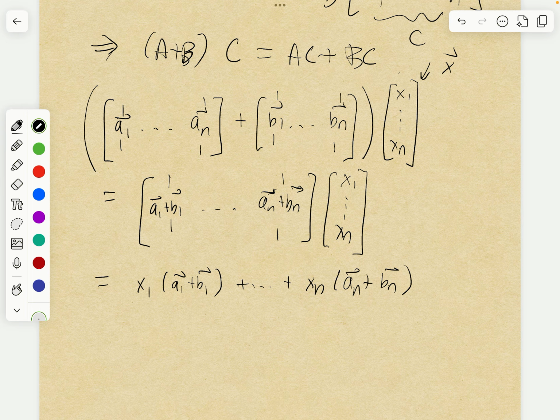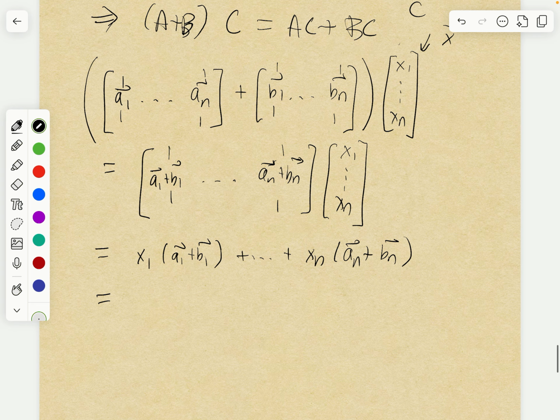So I get this vector, and then I can distribute. I have a scalar, this xi, times this vector ai plus bi. That's a sum of two vectors. I can distribute the scalar across, and so I get x1 a1 plus x1 b1 plus dot dot dot plus xn an plus xn bn.